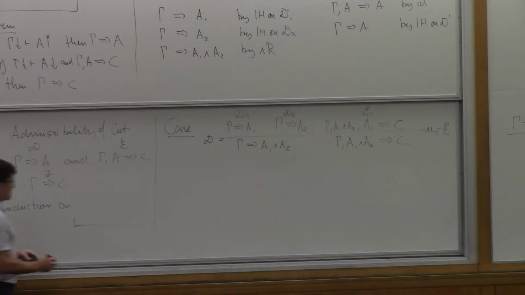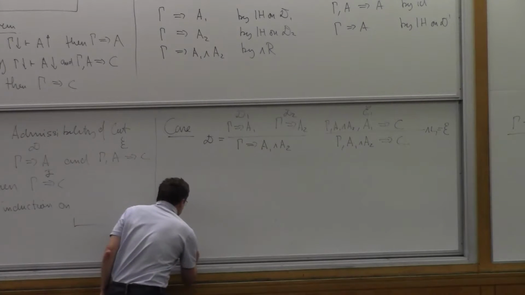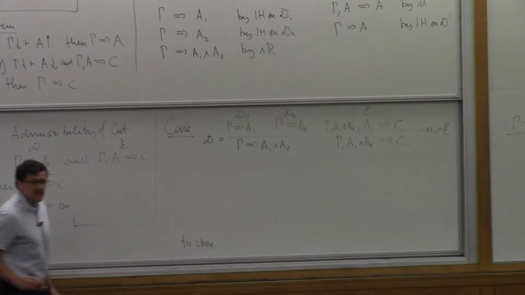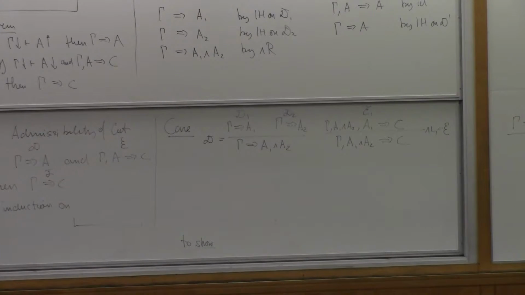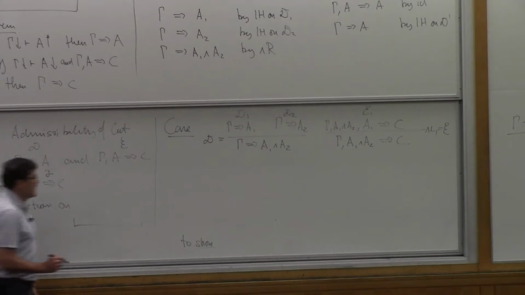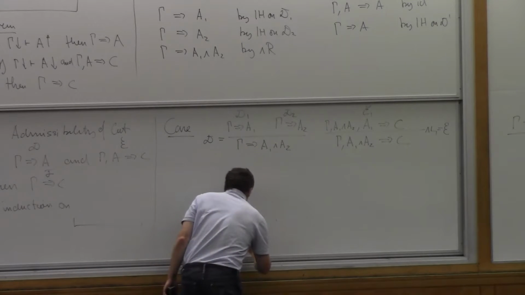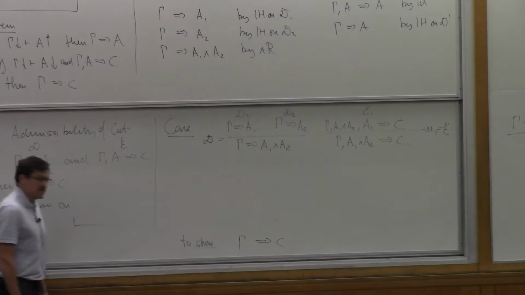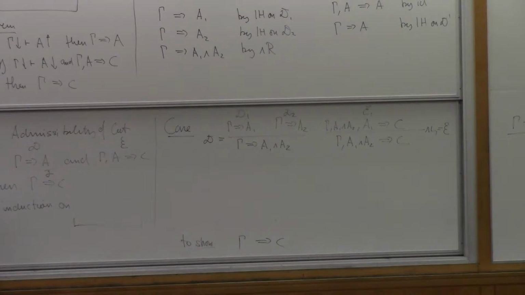And what I'm trying to construct at the bottom, what do I have to show? Yeah, gamma proves C. Usually it's a good thing to remind yourself what you have to prove, just in case you stumble across it.